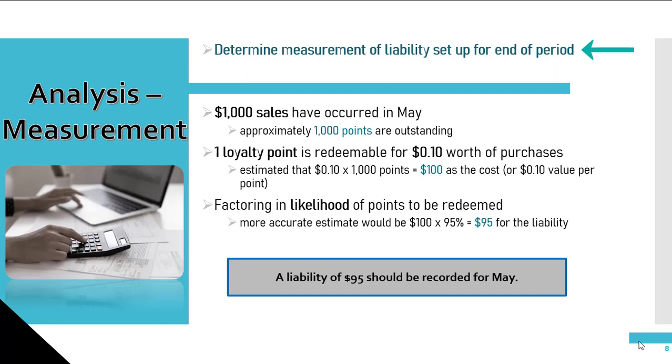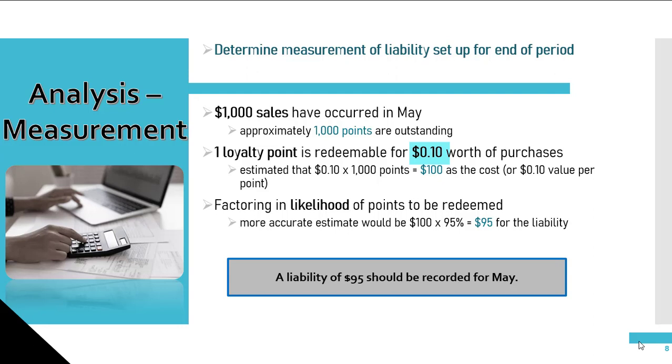Since the customer earns 1 loyalty point for each dollar spent, we must estimate the amount of points that are outstanding at the end of the period. Given that $1,000 worth of sales have occurred, approximately 1,000 points are outstanding. To determine the amount of liability that should be accrued, the points need to be valued.